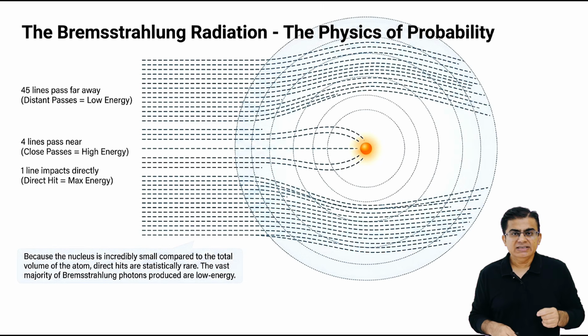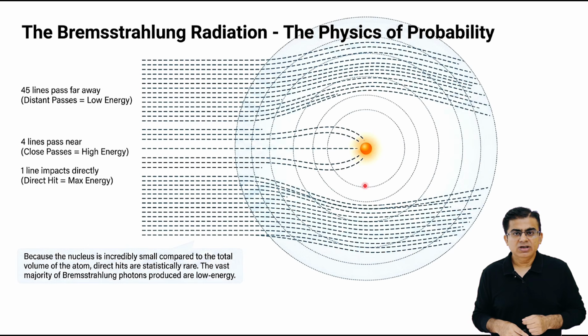You can clearly see multiple dashed lines coming from the left, representing a stream of incoming high-speed electrons. Notice the vast amount of empty space surrounding that tiny central nucleus.